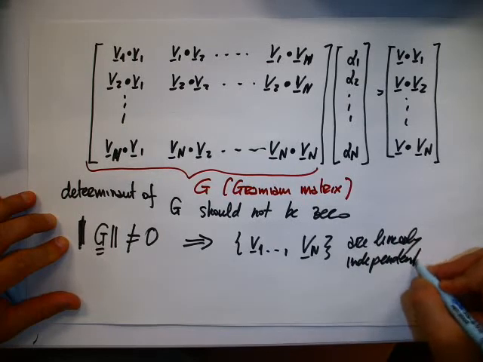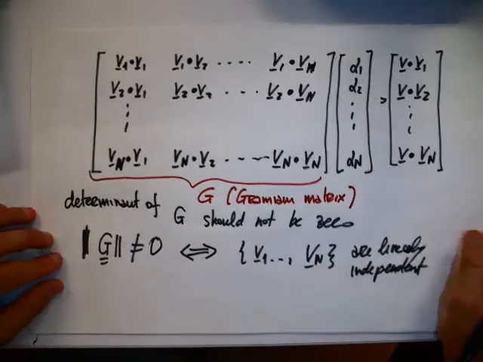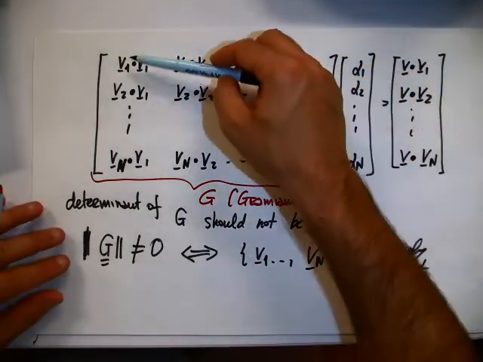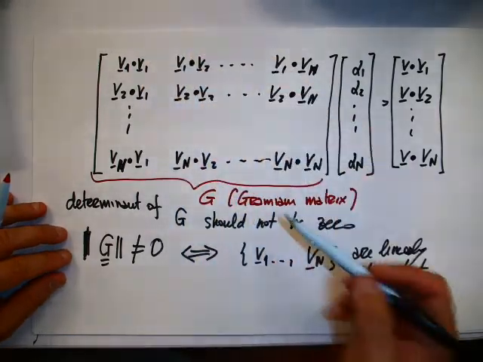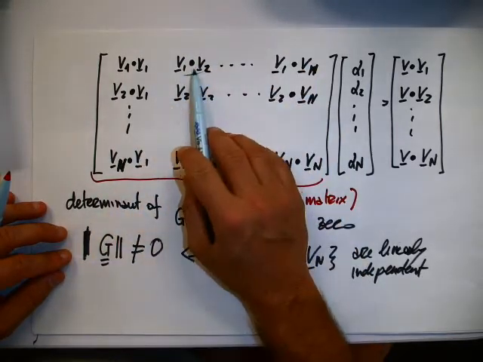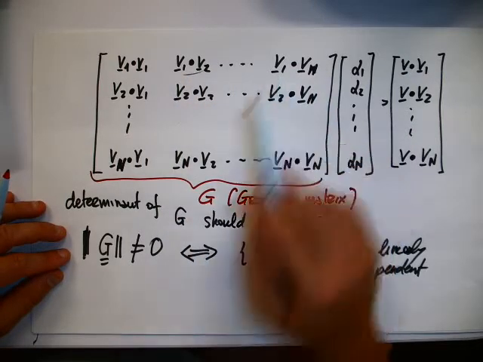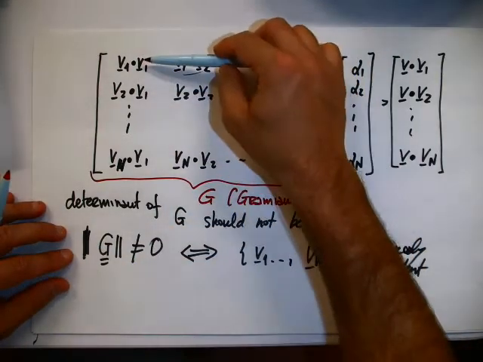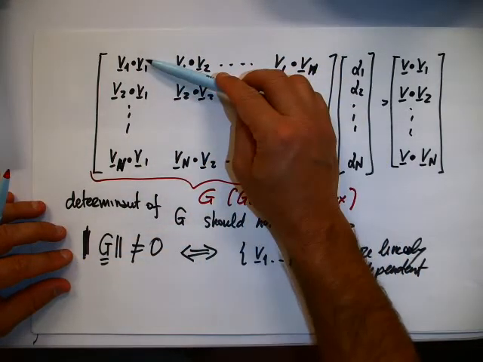And vice versa. You can even prove it. You can clearly see this because each of these coefficients, except for the diagonal terms, the off-diagonal terms, are proportional to the projection of v_2 onto v_1, of v_n onto v_1, and so on. So you can picture each of the columns as the projection of v_1 onto the other vectors.